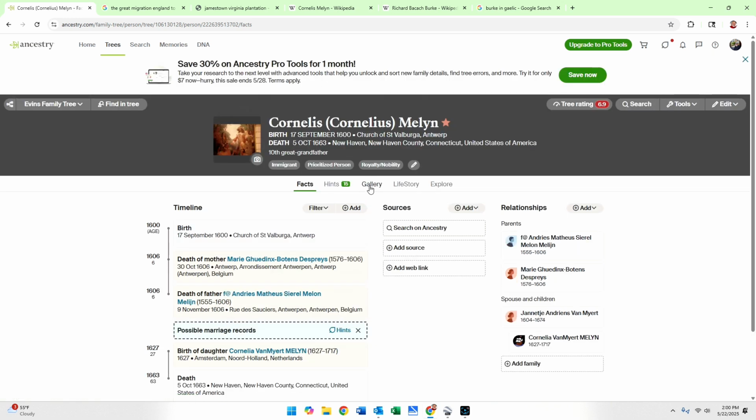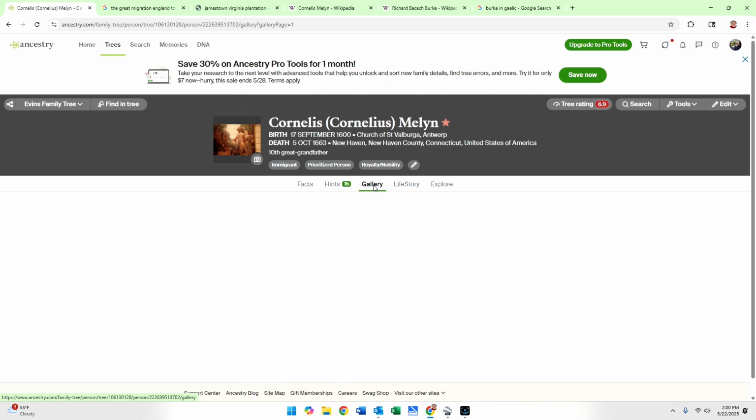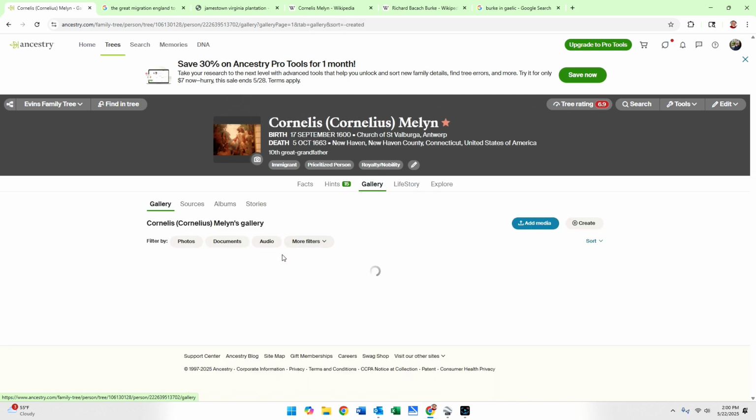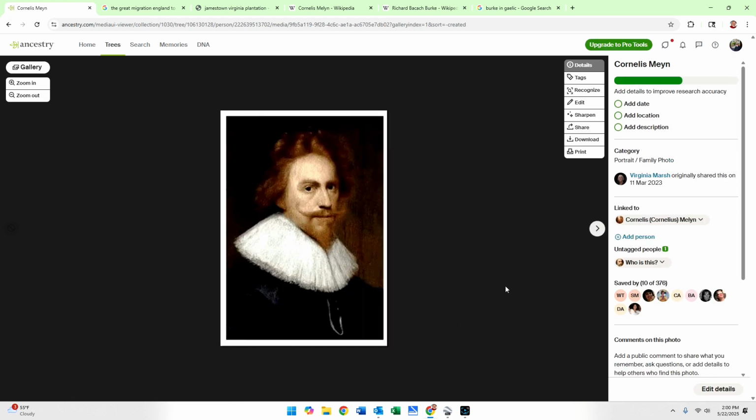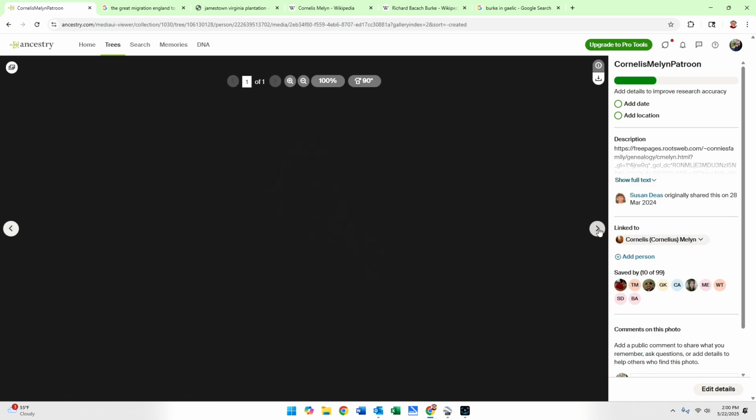So here's Cornelius Mellon. So this is a close-up of what he looked like. So pretty good looking dude, huh? For the day. Very Dutch looking.